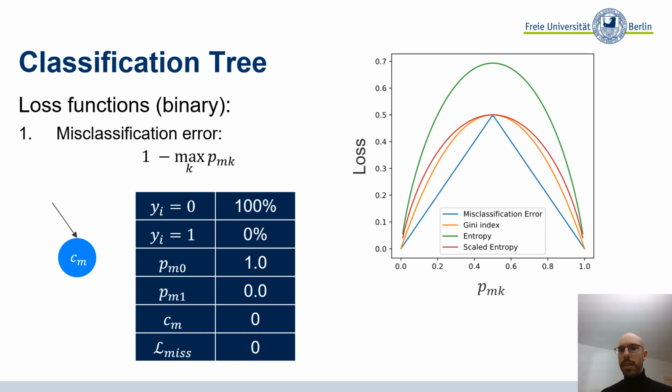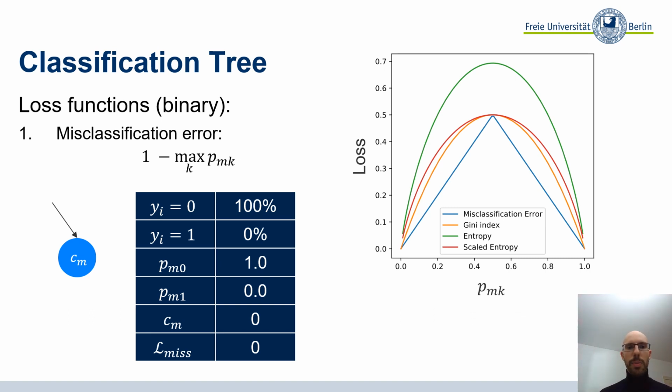And actually this is quite logical when you think about it. Let us look at an example to understand this, and let us do this for the misclassification error, because it's the simplest way to see this, and for the other losses it's pretty much the same.